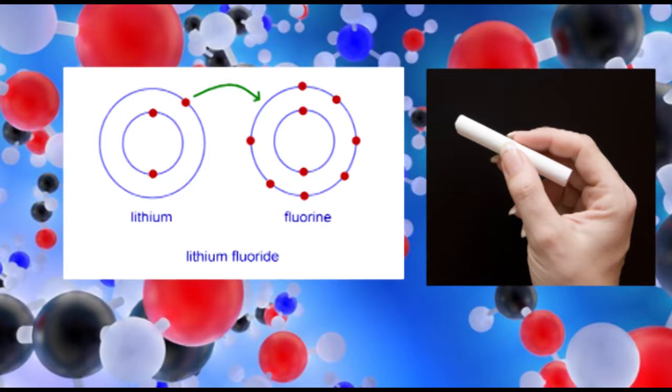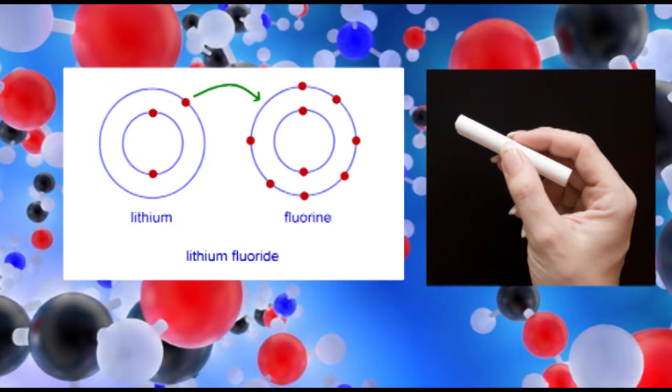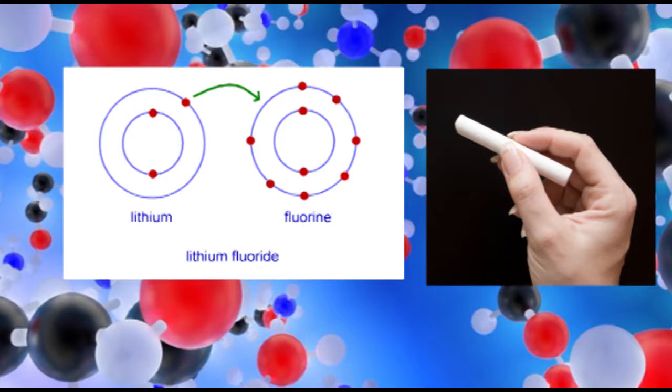In the process of losing them and other atoms accepting them, they form what we call a chemical bond between them. So the essence of chemical bonding is to bring stability within the atoms, or to make the atoms very, very stable.